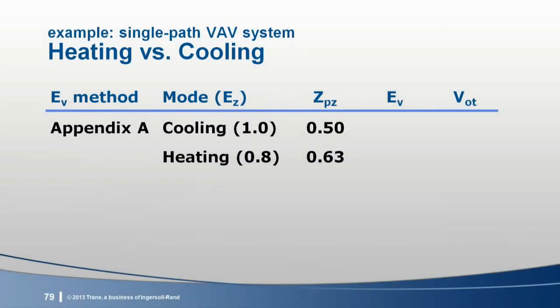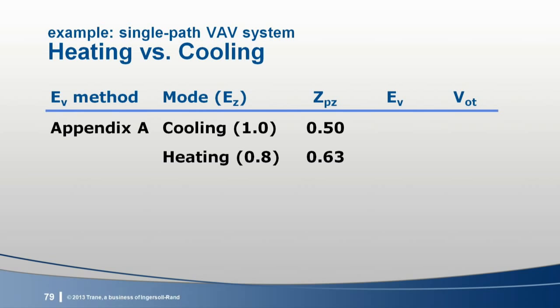I mentioned earlier that I would discuss the impact of heating mode versus cooling mode. As Paul explained, when delivering warm air to the zone, some configurations have a zone air distribution effectiveness less than 1. So we used our same example to see how an effectiveness of 0.8 would impact the system intake airflow.